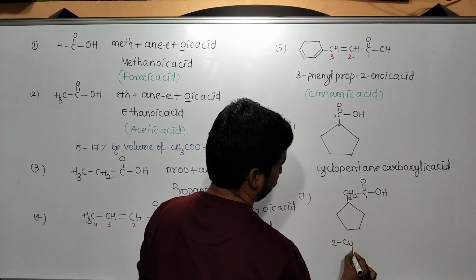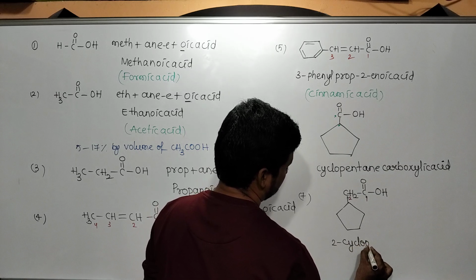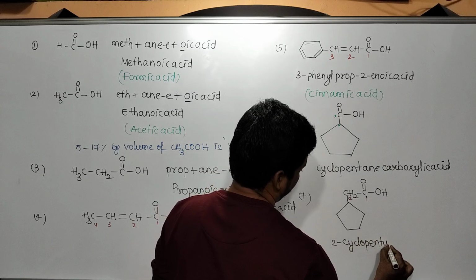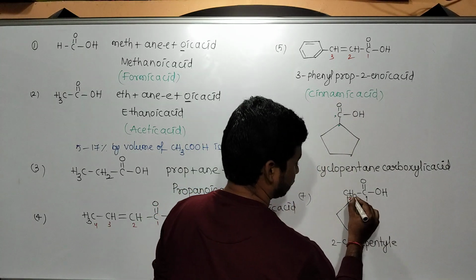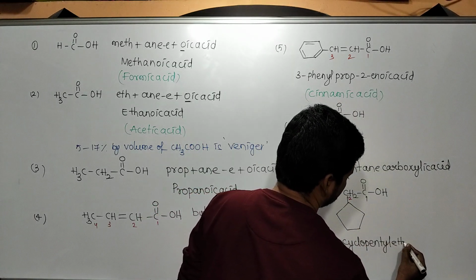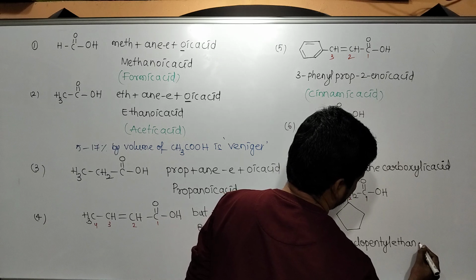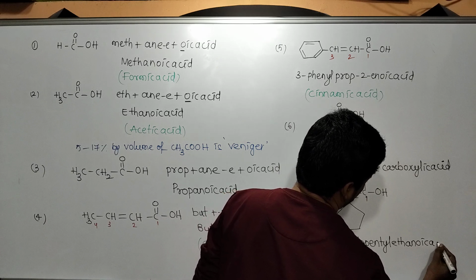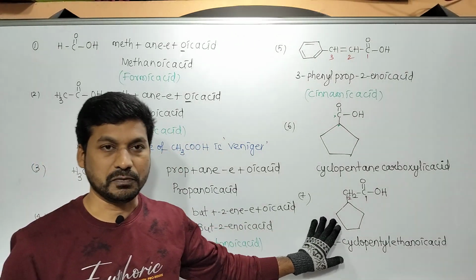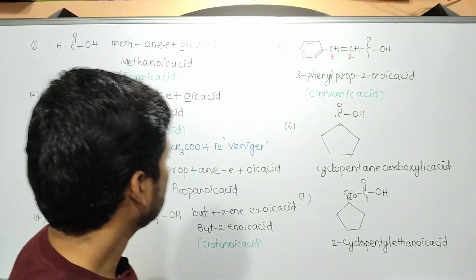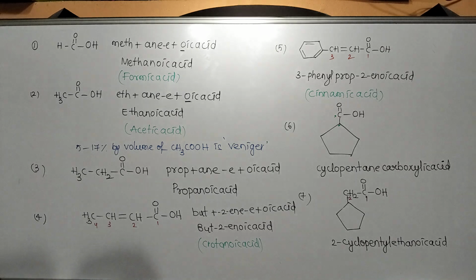So 2-cyclopentyl, 2 carbon atoms, so eth, ane, oic acid. This is the IUPAC name of this molecule: 2-cyclopentylethanoic acid. Hope you understood well. Take a screenshot. I am going forward.